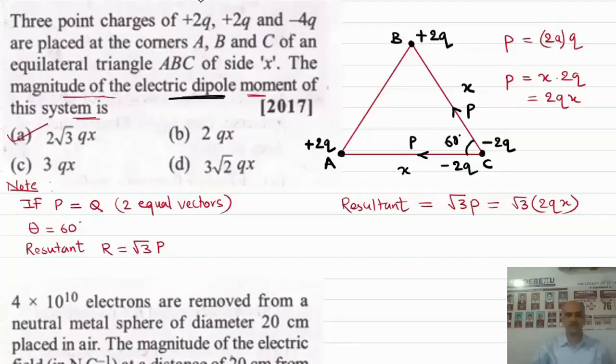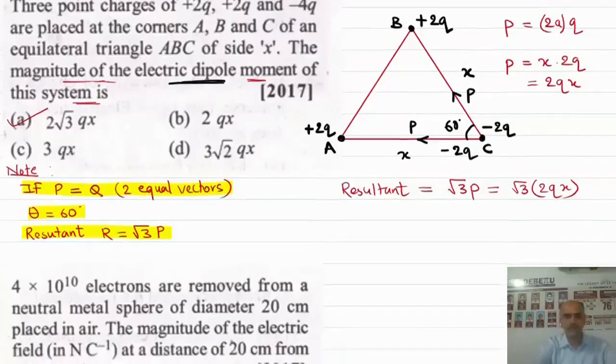So again, note down this hint, it will be very much helpful. If two vectors are there and the angle between them is 60, then the resultant is given by root 3 into p. Clear? Then we take the next.